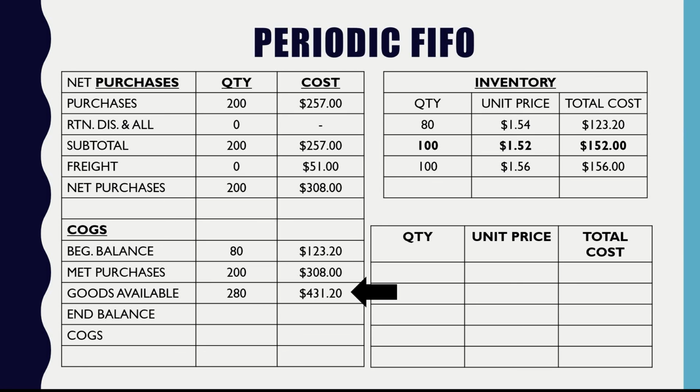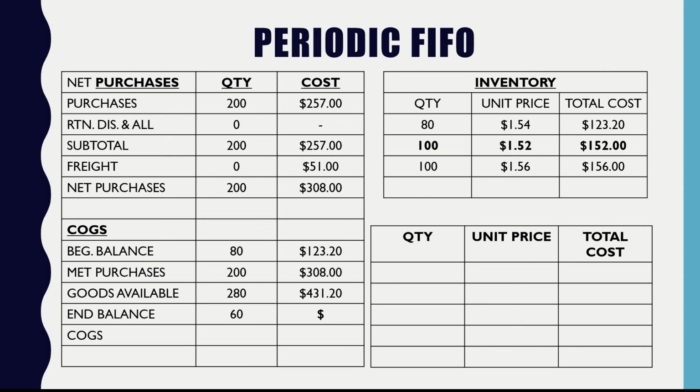Here's my little table: I have a batch of 80 items, a batch of my purchase of 100 at 152, and another purchase, my third batch, for 100 at 156. Because we know this is my total goods available, you can calculate it down below here, as you can see that this is my goods available.